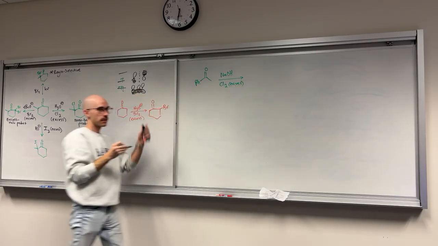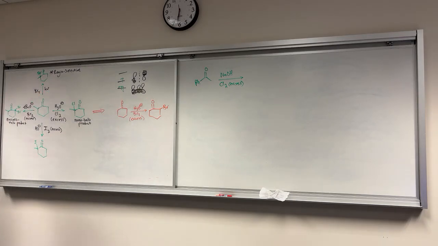What is this molecule called? This is called acetophenone. So you see the 2-carbon carbonyl and then the phenyl group, and it's a ketone.